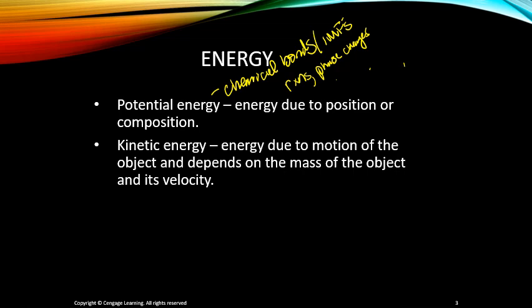The bond making and breaking, as we look through a chemical reaction, changing over from the reactants to products, those are going to be the bonds that are broken and formed, which is another type of potential energy. When we focus on kinetic energy, that is energy due to the motion of the object, and it depends on the mass of the object and its velocity.